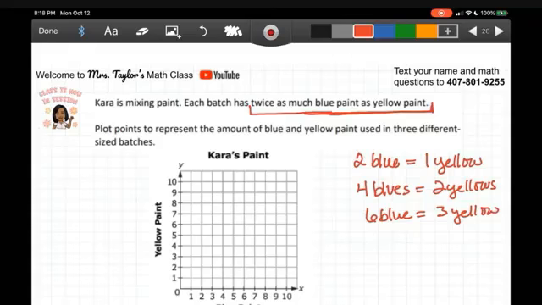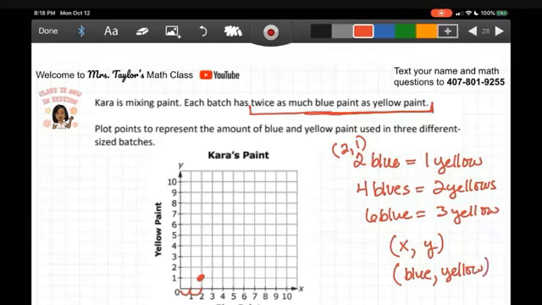Well, you could translate that all on this graph. So let's go to the graph. If I have 2 of the blue, then I got 1 yellow. So that first ordered pair, the plot, let's do this point here. This one would be 2, 1. And so what I did was, my ordered pairs are x, y, but you could think of this as blue, yellow.